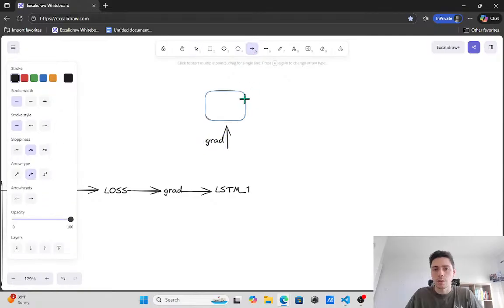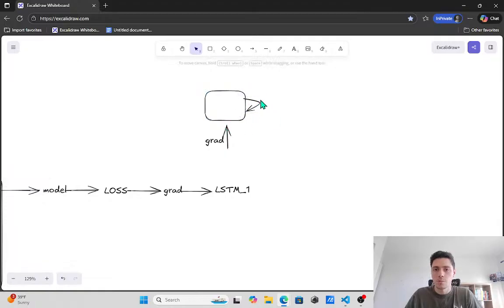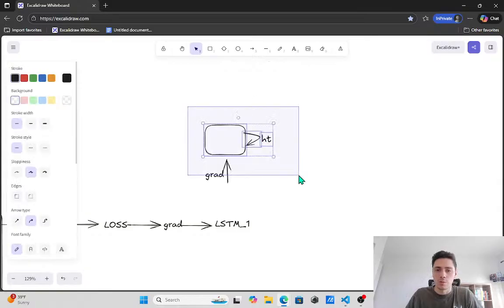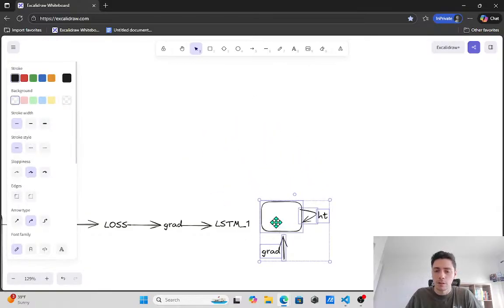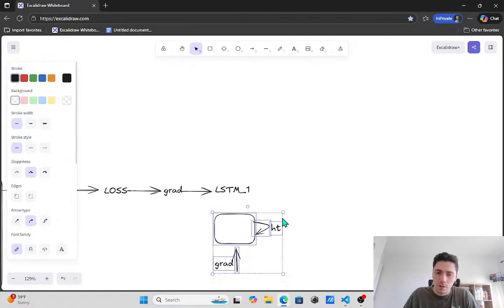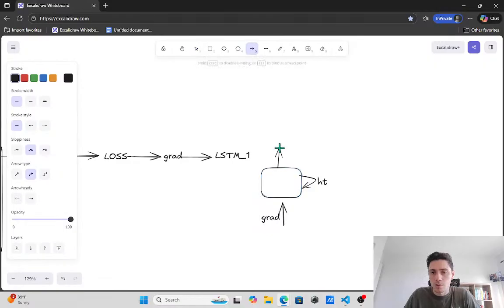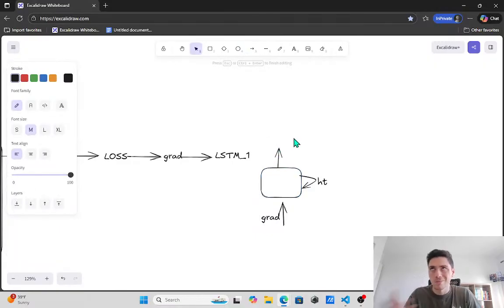And we would also be taking in the hidden state, HT, H1 in the first case. So this would be our LSTM, and it outputs this. We'll call it O prime.